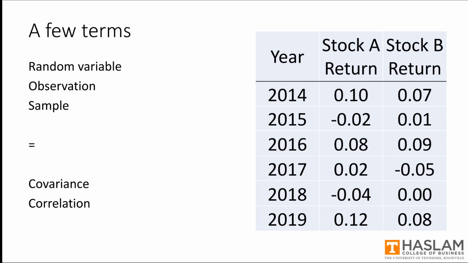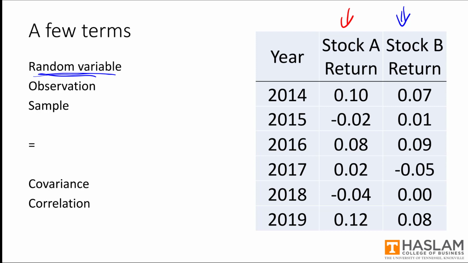Once again, we've got 6 observations for stock A. These are the same exact return observations as before, and all we've done here is augment this sample with 6 observations from stock B. So we have 6 additional stock returns, corresponding to each of the same years as the previous sample. And so our ideas about random variables still hold.